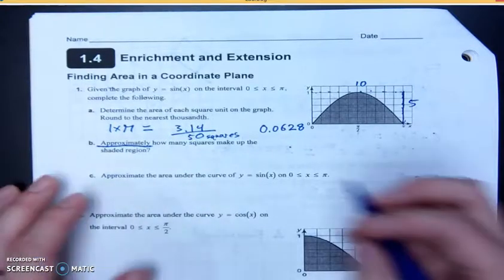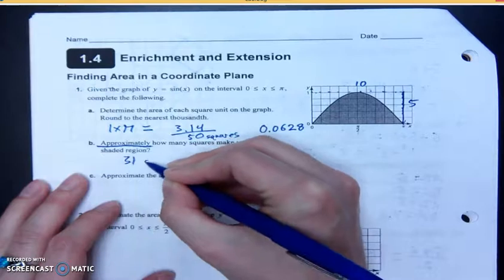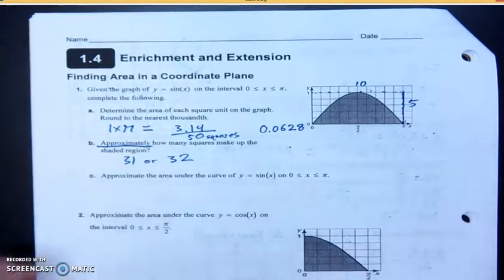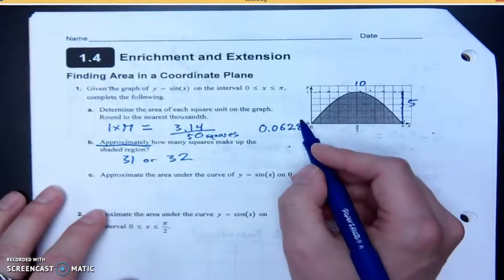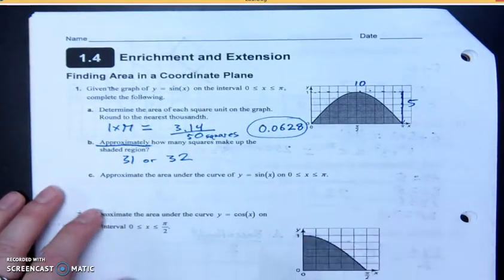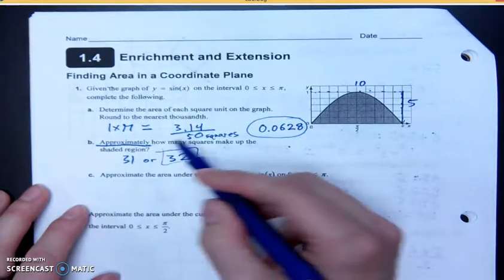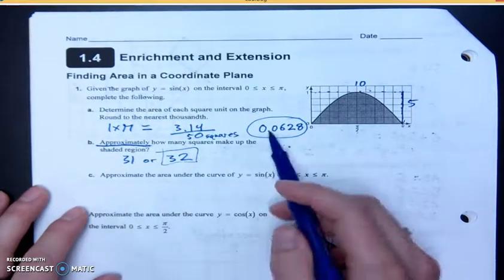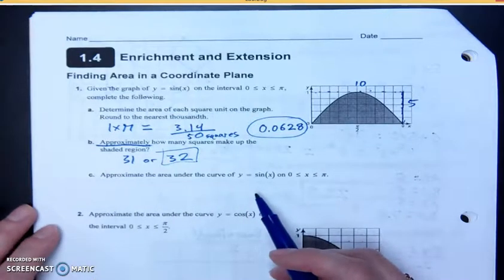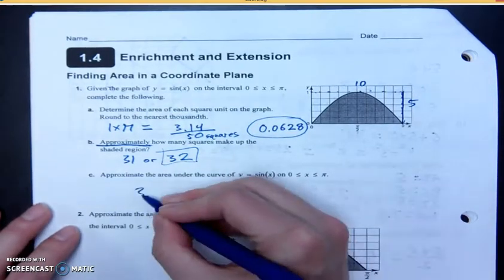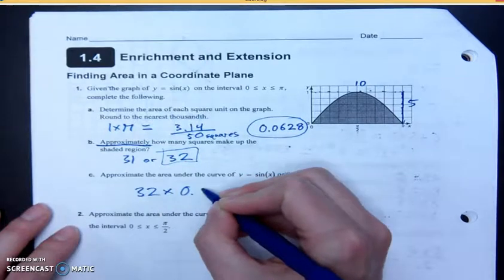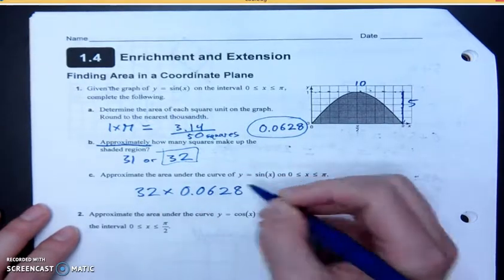Alright, so I'll write this down. Now if I know each square is this, and I have, let's go with the 32 squares, what am I going to do with those to find the area of the curve? Multiply, so 32 times 0.0628.